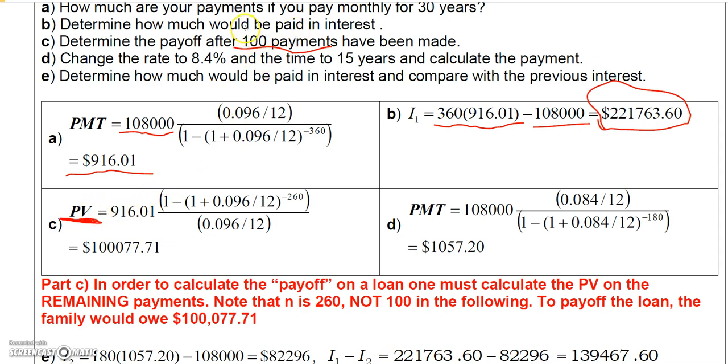So if I've made 100 payments, then that means out of these 360 payments, I still have 260 payments left.